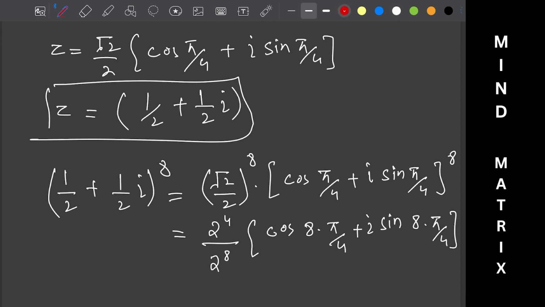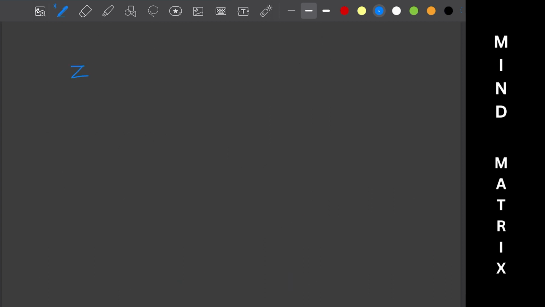So from here we have 4 and 2 times 8, and this is 1 over 2 to the power 4. When we solve this further, we will have 1 over 2^4 (cos 2π + i sin 2π). So now we have z^8 equals 1 over 2^4 (cos 2π + i sin 2π).